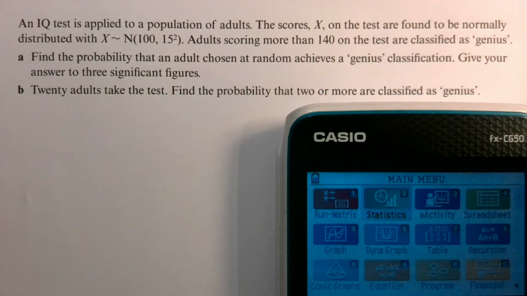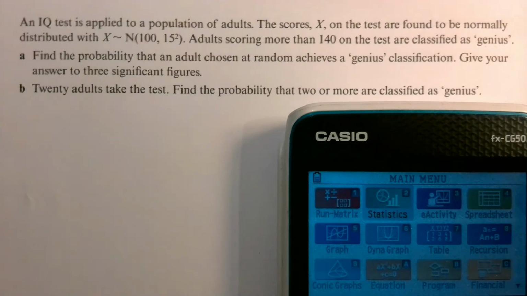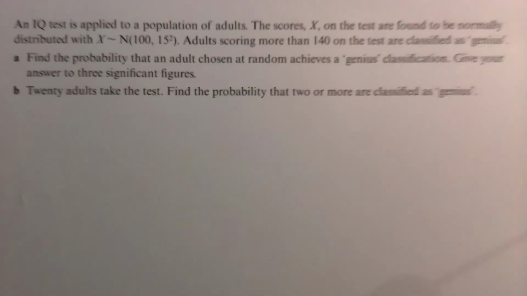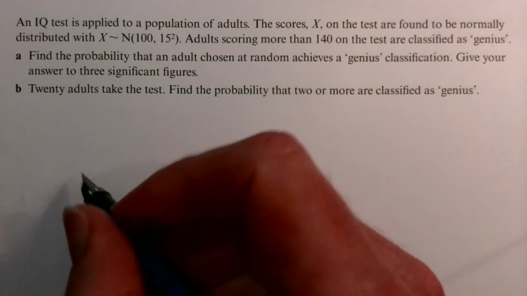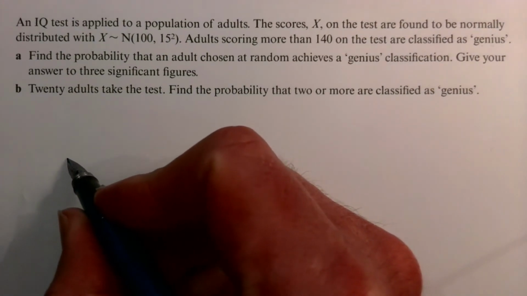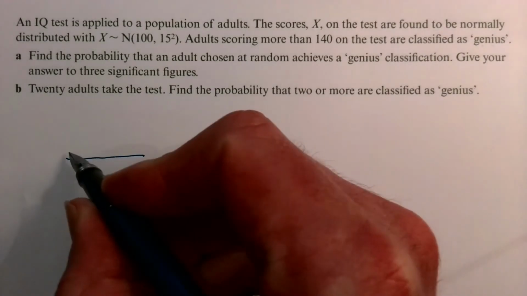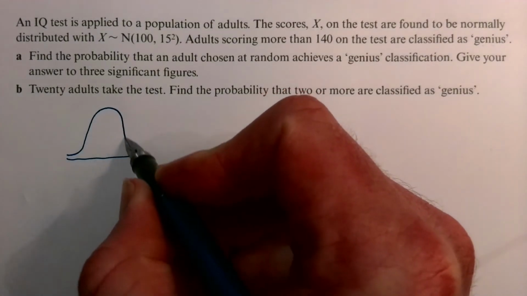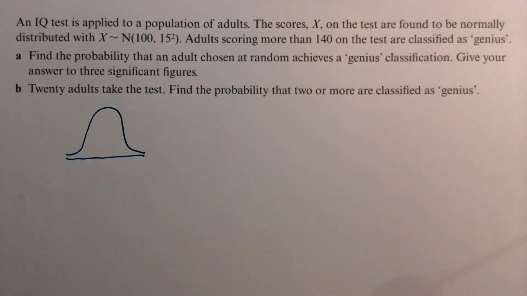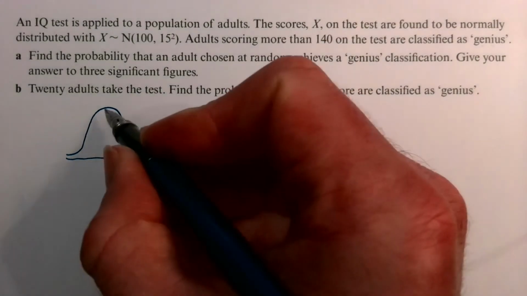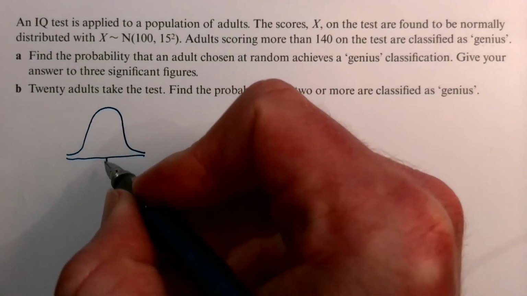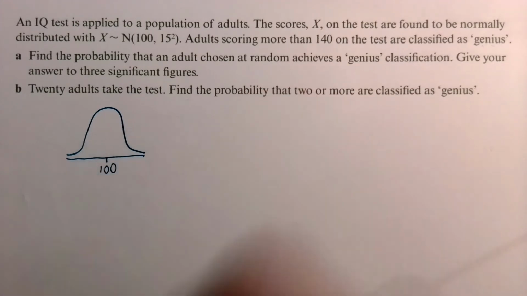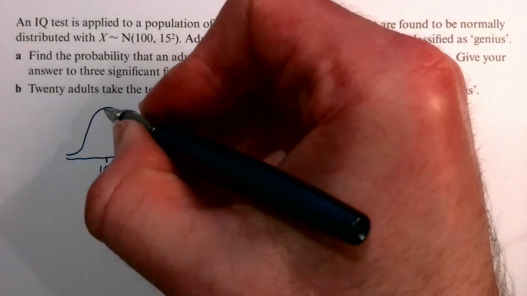So, the probability that an adult chosen at random achieves a genius classification. The mean score for an IQ test is 100.